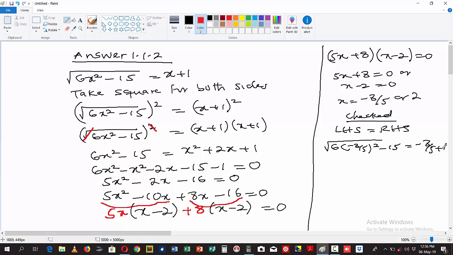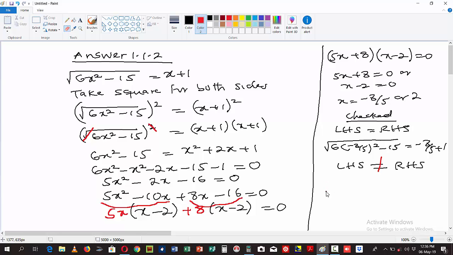When we check this critically from the calculator, this side cannot be equal to this side. So therefore, left hand side is not equal to right hand side. So let us check the other one.